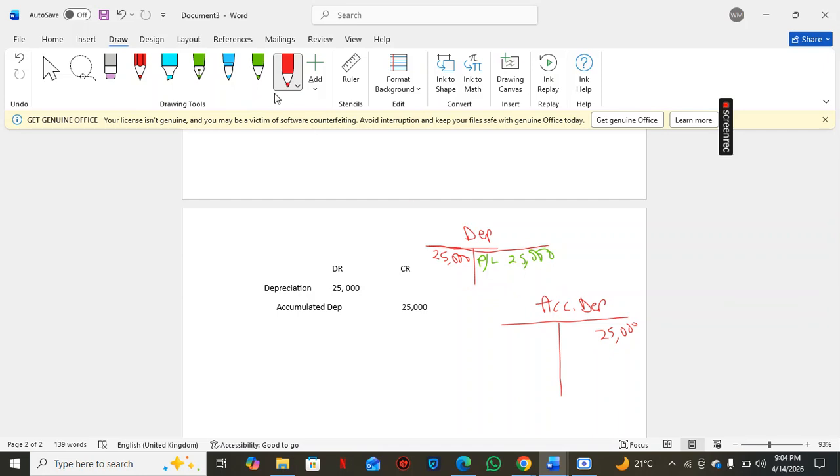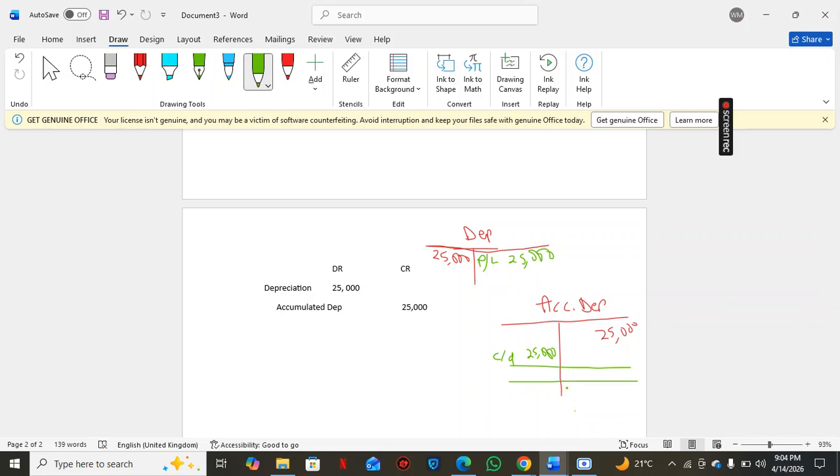Now, this accumulated depreciation account, you're not going to close it. You're going to carry this balance on to the next year. So remember when you're closing these accounts, the balance carried down comes on the lower side. In this case, the debit side is zero, so it's the lower side. So you're just going to put here 25,000 on the debit side.